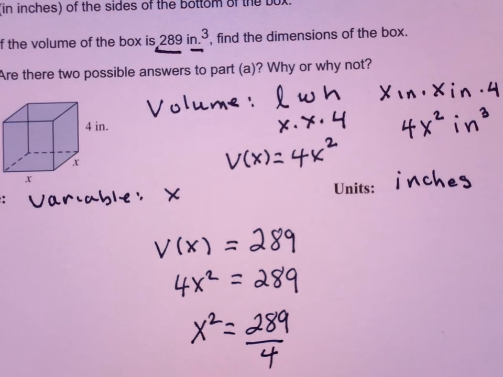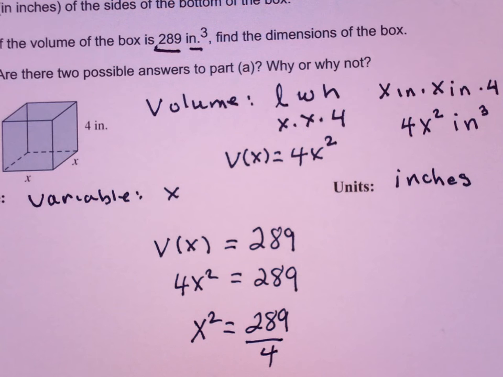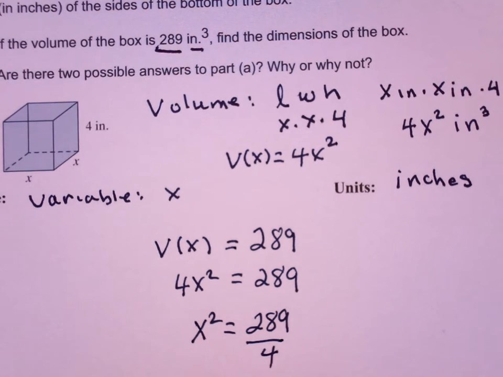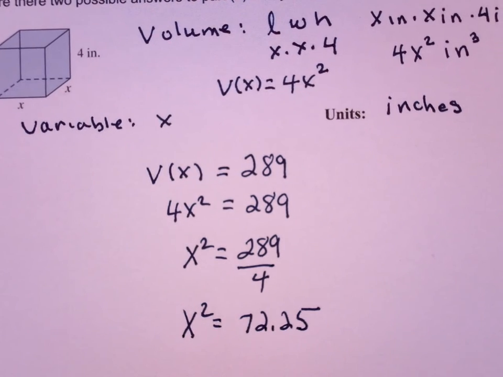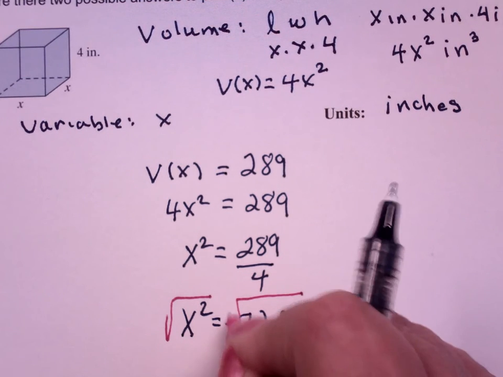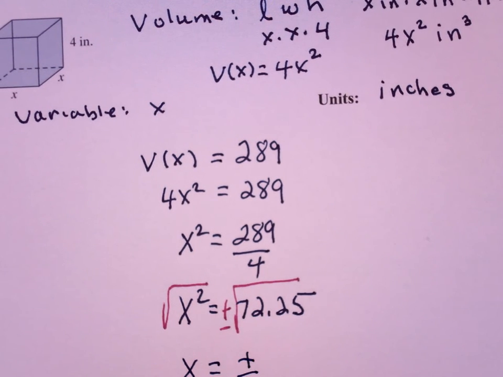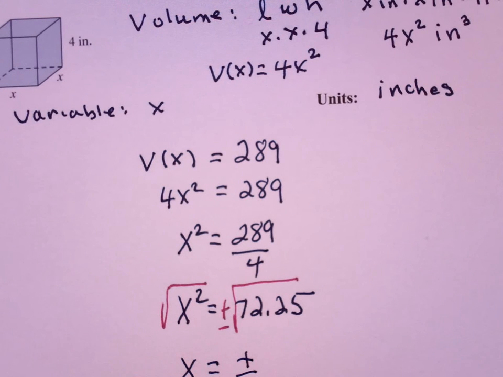I take my handy dandy little calculator and get out of the graphing mode. 289 divided by 4 is 72.25. Now what do I need to do? Square root both sides. Don't forget the plus or minus. So x is plus or minus the square root of 72.25, and the square root of 72.25 is 8.5.